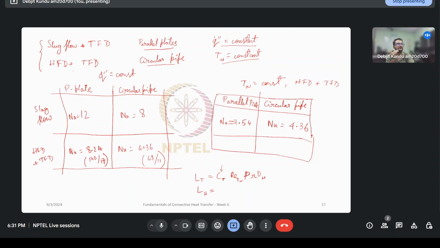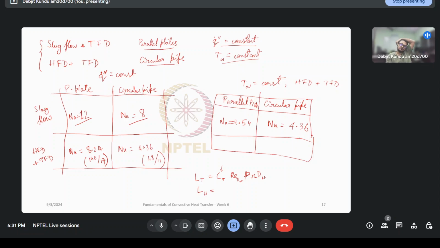layer were fully developed. So in the case where the wall heat flux is constant, then for parallel plates with slug flow, the Nusselt number is 12. For circular pipe, it is 8. So pretty high values. These are theoretically very high values.